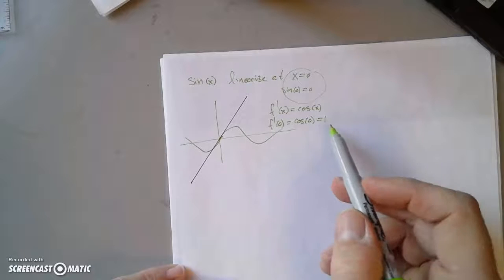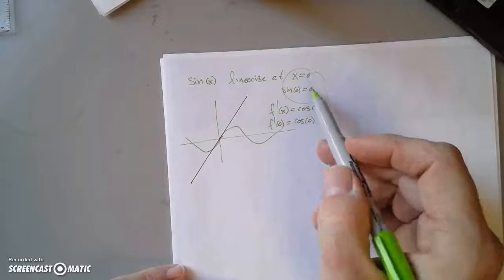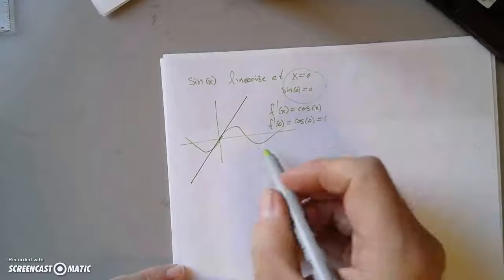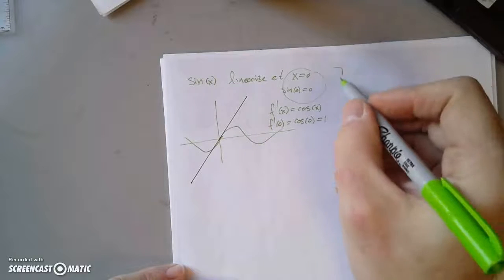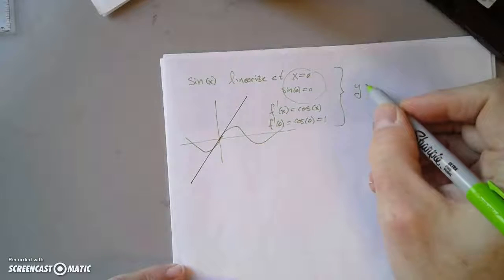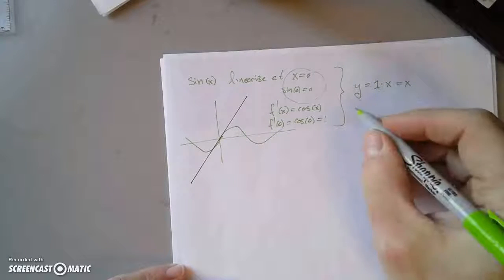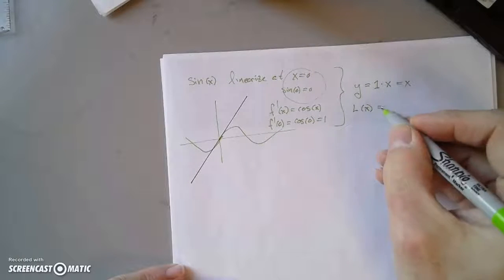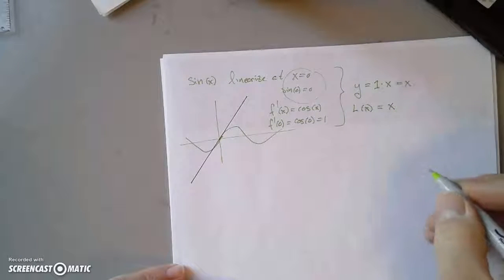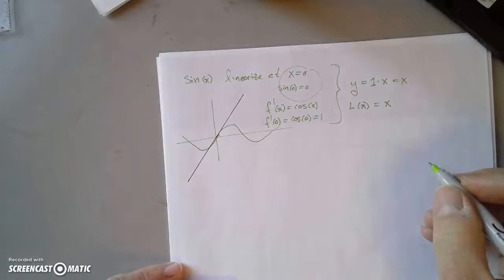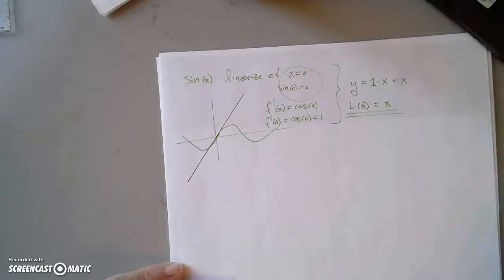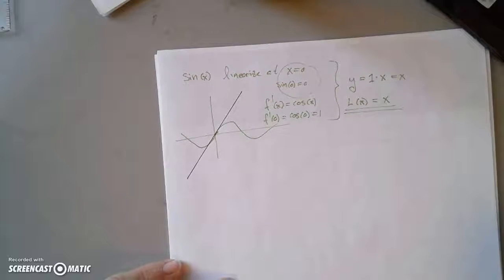So now we have our slope and we have our point, which happens to be the y-intercept. So, ergo, our tangent line is just 1 times x, or x. Or if you like, we can say our linearization is x. So that's what we have right there.